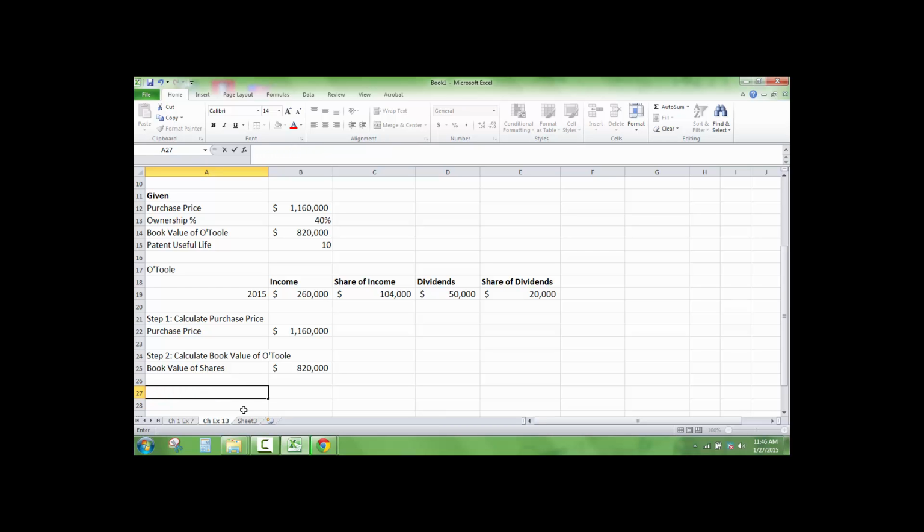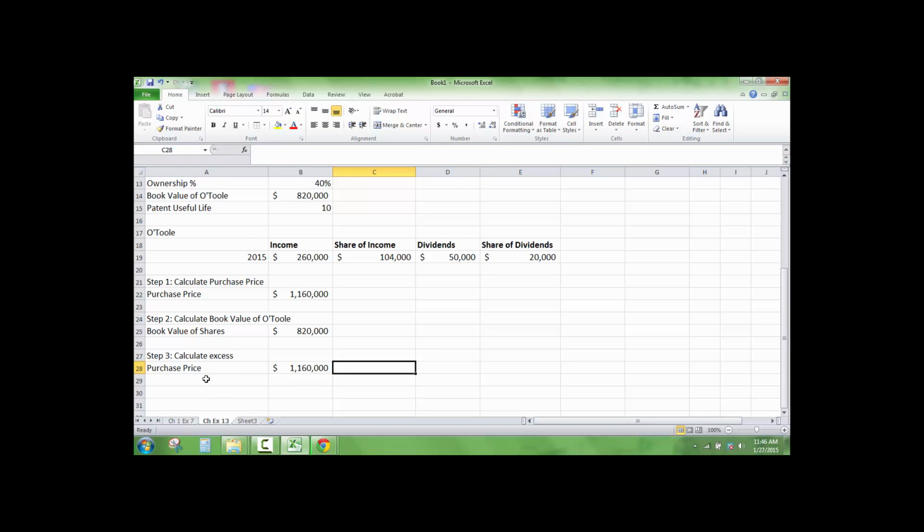So now we're going to calculate the difference. This is the purchase price less book value of shares. So the excess is 340,000.